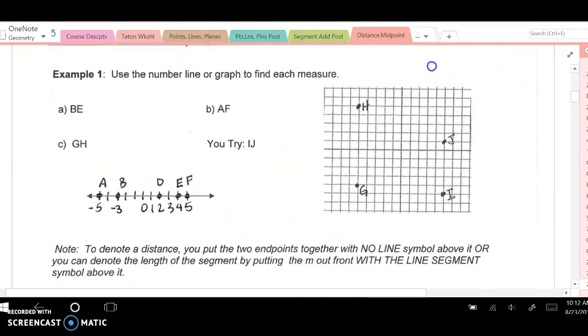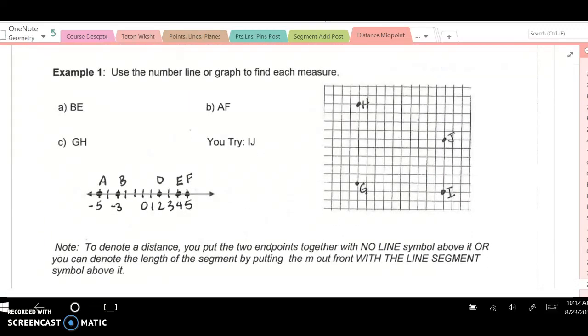All right, so here we go. Example 1. Use the number line or graph to find each measure. We have BE, and for the first two, we're going to use this picture down here. We're going from B to E, and the question is, what is the distance from B to E?